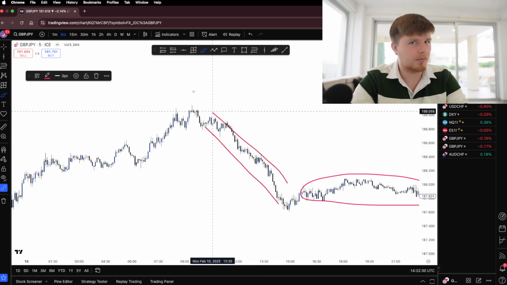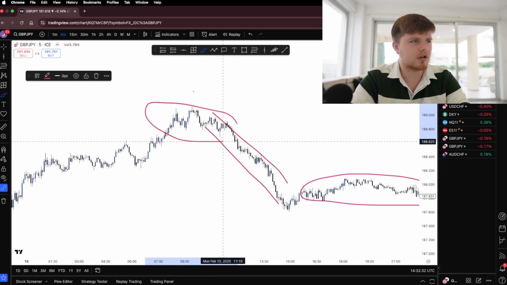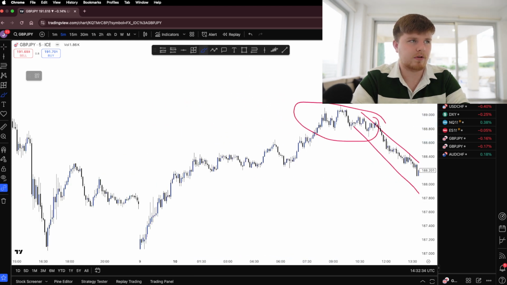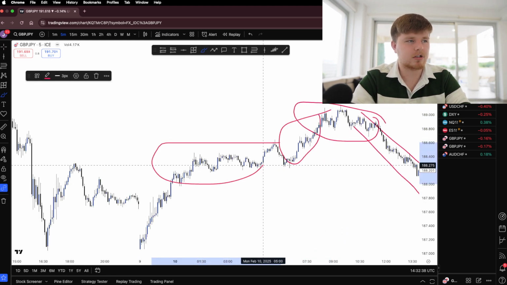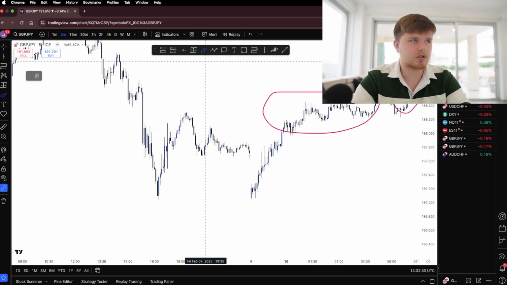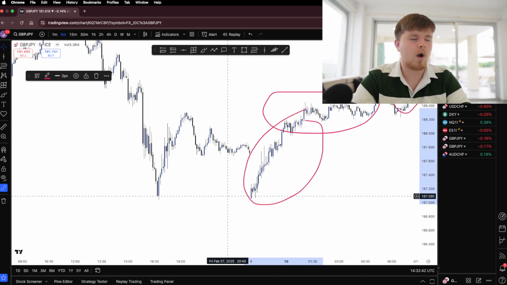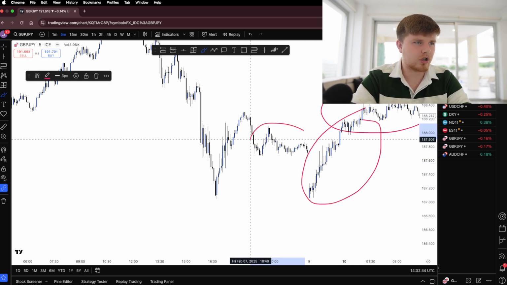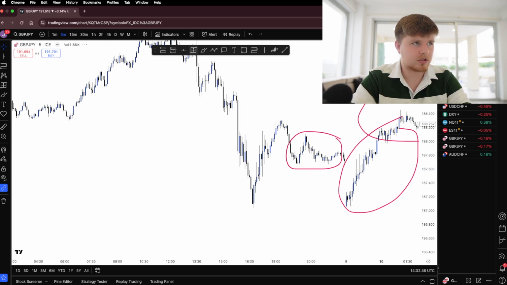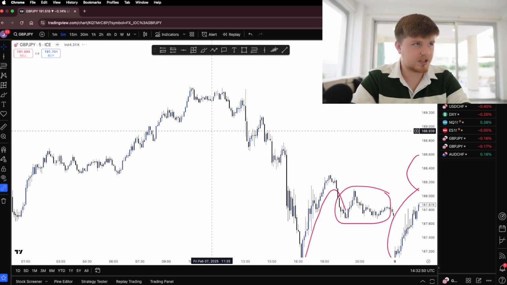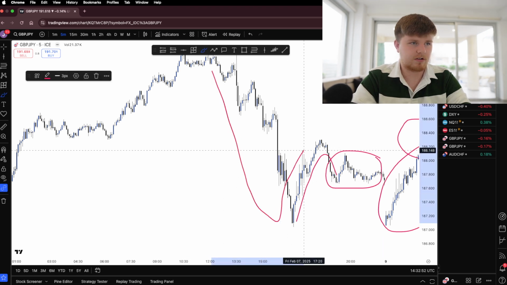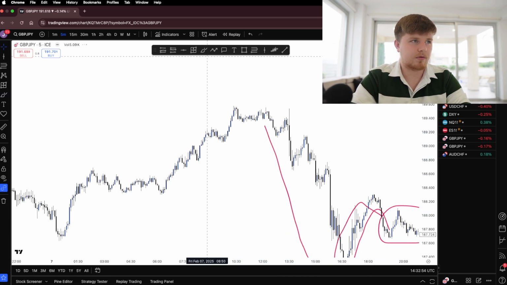But what happened before the long move down? A consolidation. What happened before that consolidation? A big move. What happened before that big move? A consolidation. What happened before that consolidation? A big move. What happened before that big move? A consolidation. What happened before that consolidation? A big move down, which is this one right here. Then we retrace and consolidate. What happened before that big move down?